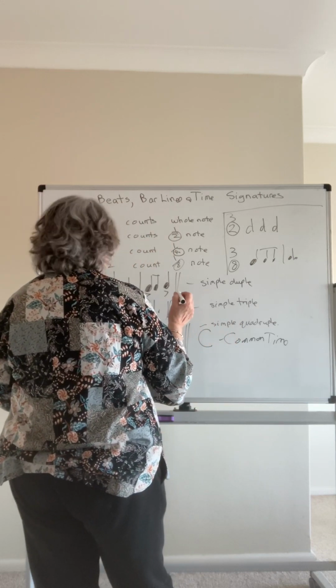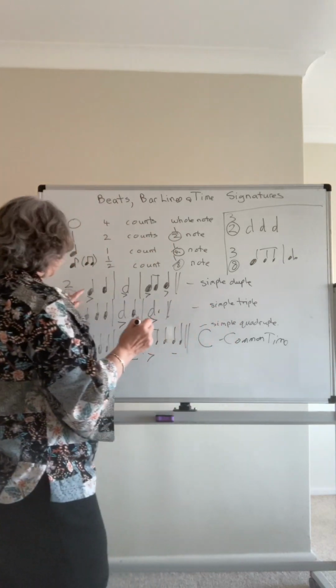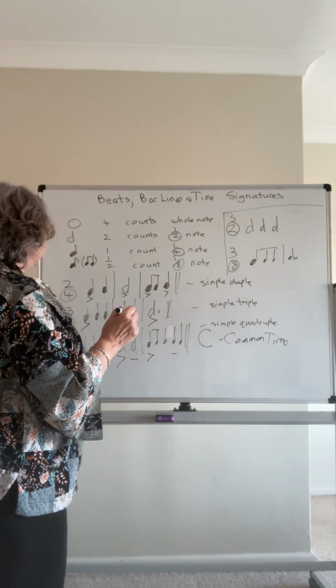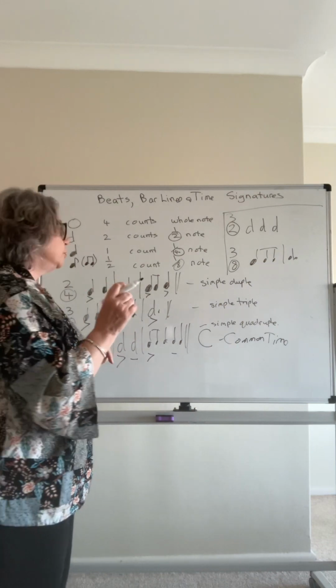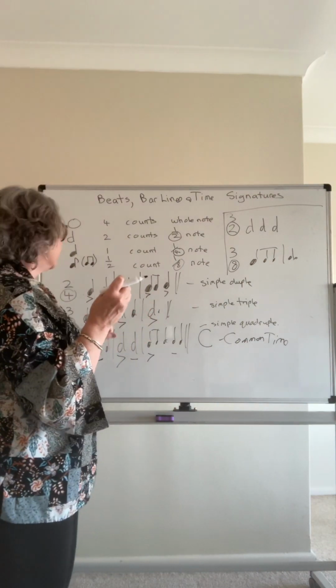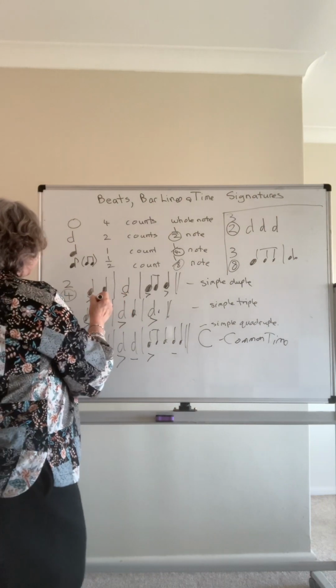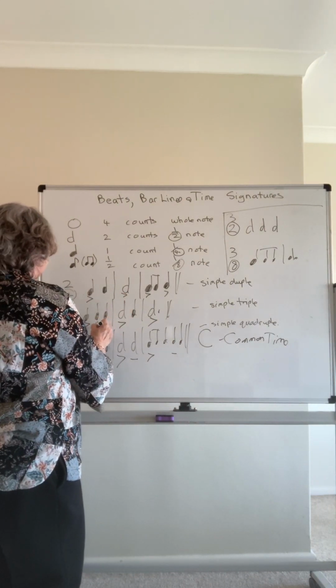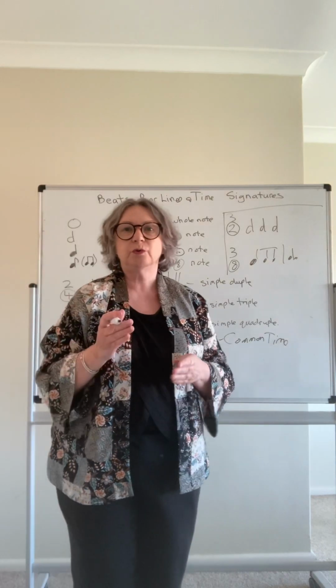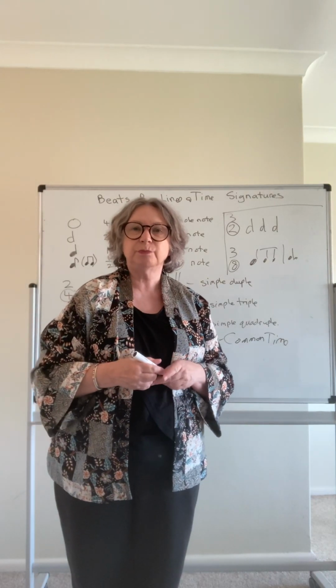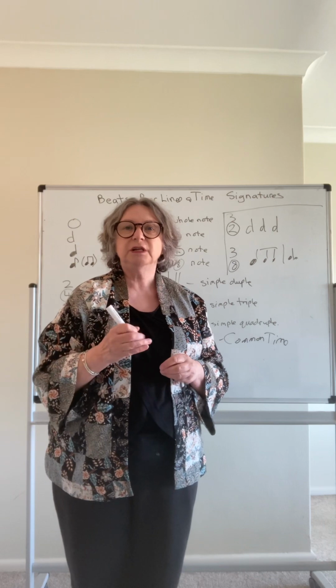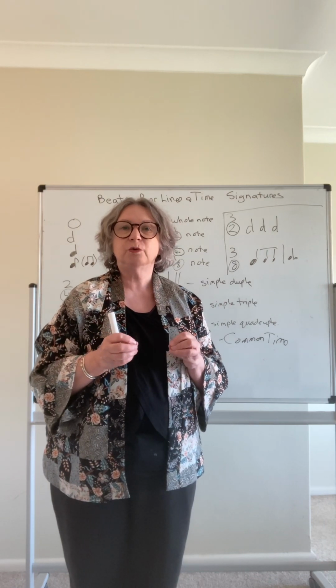Now they're called simple because each beat in your time signature can be divided into 2 smaller beats. Because we're counting in crotchets here, each crotchet can be divided into 2 quavers, 2 equal beats. That's the definition of simple: each beat can be divided into 2 smaller equal beats.